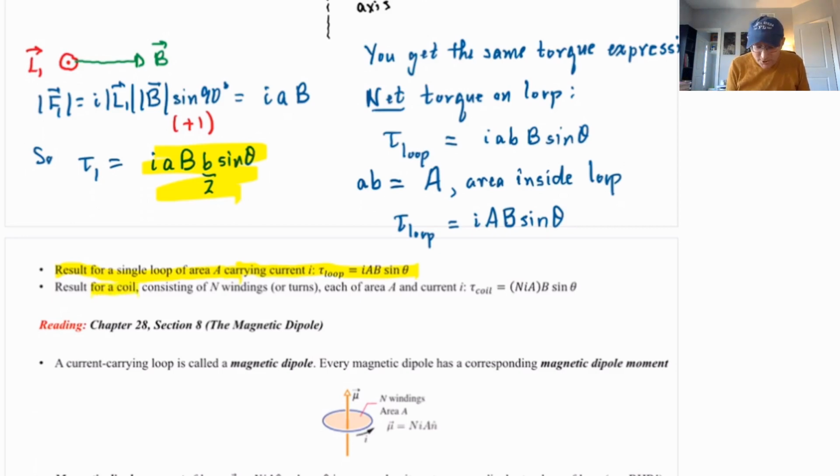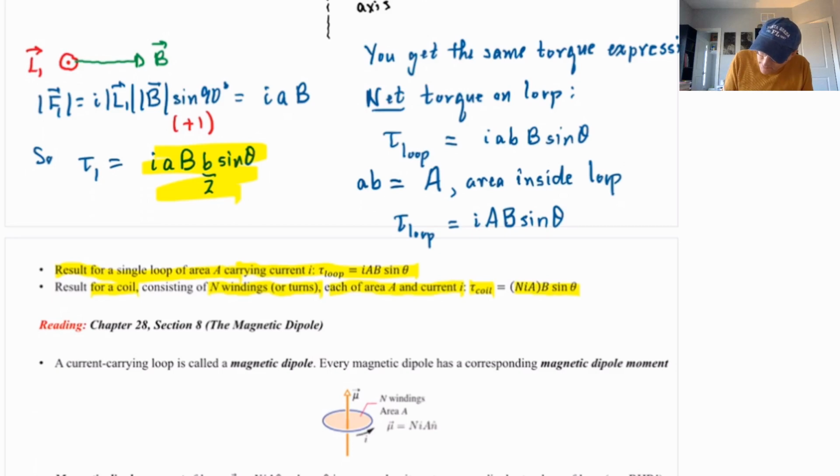which is just capital N windings or turns, capital N loops, each having area A and current I. And you just get a multiplicative effect. And then the torque on this coil that you have made is capital N I A B sine theta. Okay?